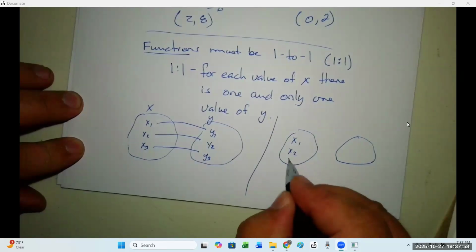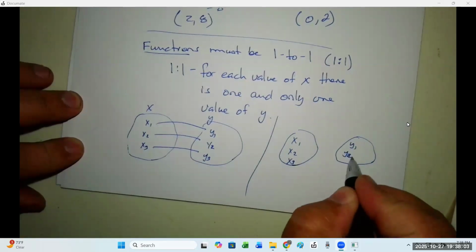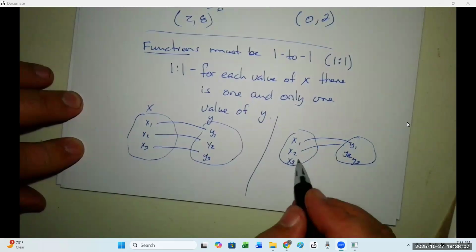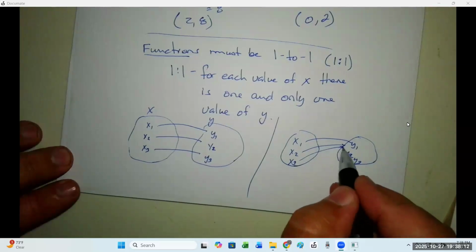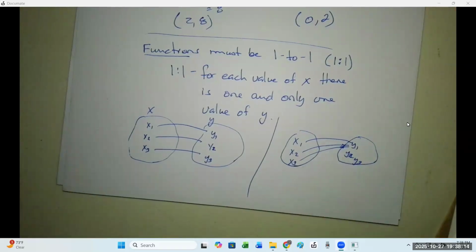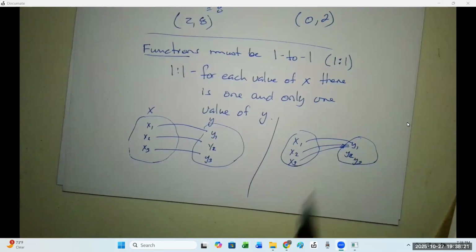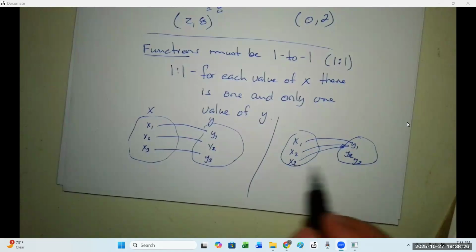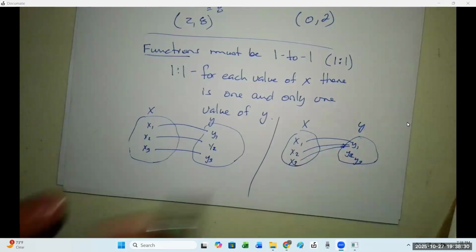X1, x2, x3, y1, y2, y3. Is that a function? Yes, it is, because each value of x only has one arrow. It doesn't have to all go to the same person. Kind of like if these are students, this is their teachers, they all give it to one teacher. These are my x values, these are my y values.